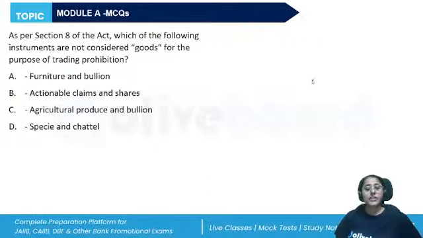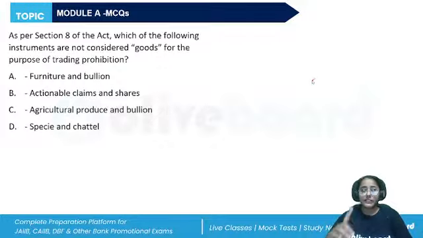All right. As per Section 8 of the Act, which of the following instruments are not considered goods for the purpose of trading prohibition? So, we had studied about two sections. We had studied about the permitted business, which is given under Section 6(1) of the Banking Regulation Act, and the prohibited business, which is given in Section 8.